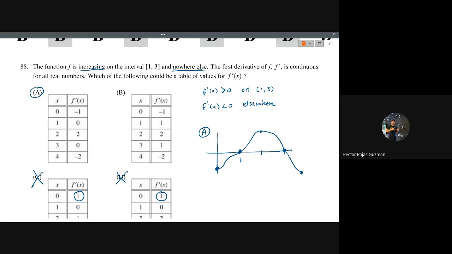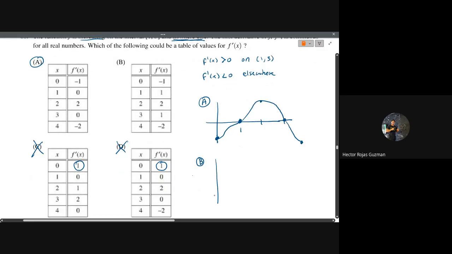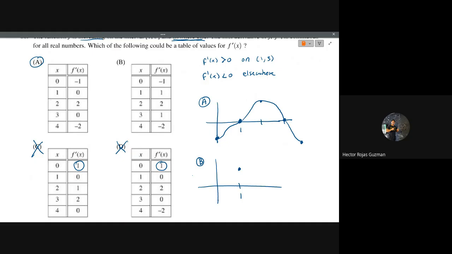But when you're dealing with the graph of B, we have the point 1, 1, and then we have the point 0, negative 1. So there's this space right here where we have no idea what's happening. We just know the function is continuous. So for all we know, we're going to cross the x-axis before 1. And that's going to give us a small interval right here.